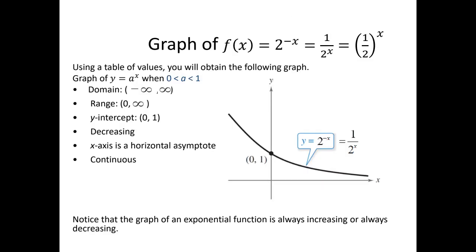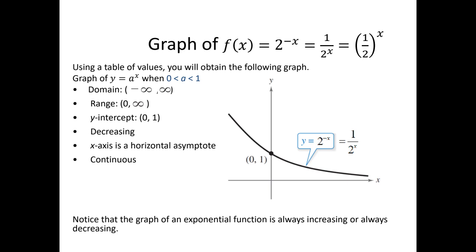So let's look at some other examples of exponential functions. I always like to introduce this one, 2 to the negative x. When we're doing math, we know that there's no such thing as 2 to the negative 2, we can't evaluate that as is. So we use our properties of exponents. We apply the negative exponent rule to be able to solve for this exponent.